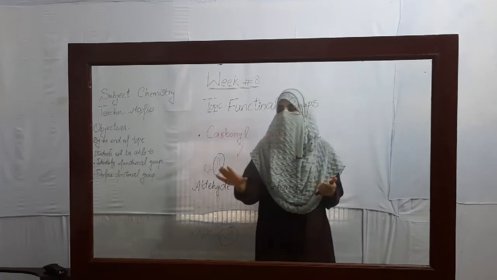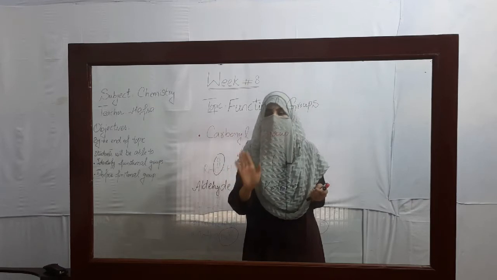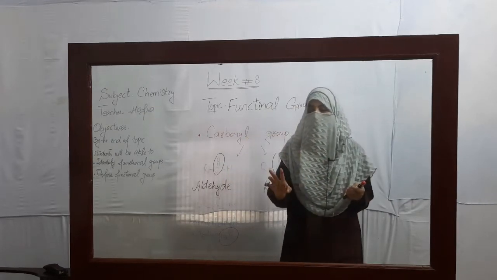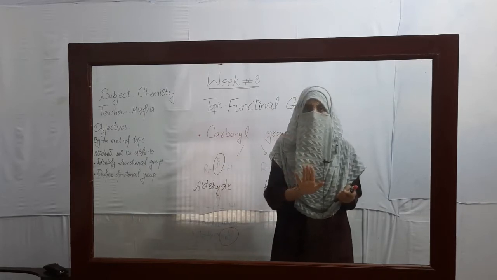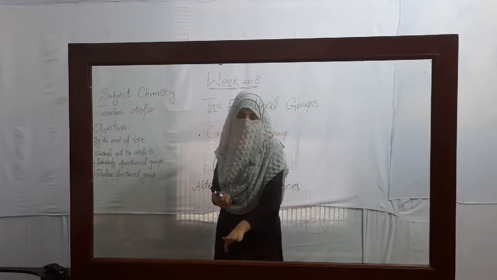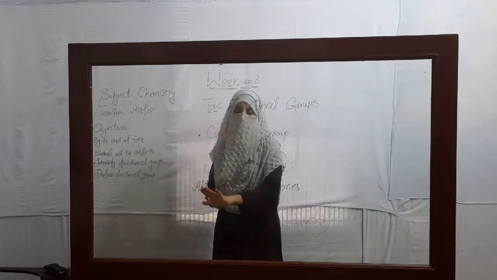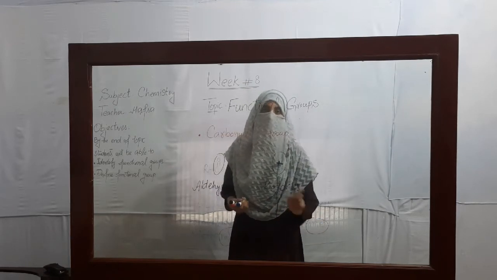Their general formulas are R C double bond O H for aldehydes, and if the group is R C double bond O R, then it is known as a ketone. Understood students? If the ending is -al, it is an aldehyde, and if the ending of a name is -one, it is a ketone.